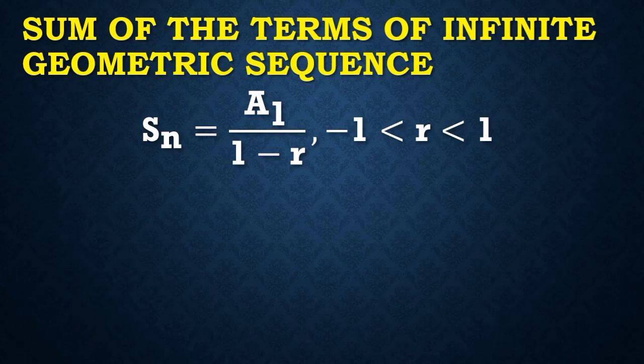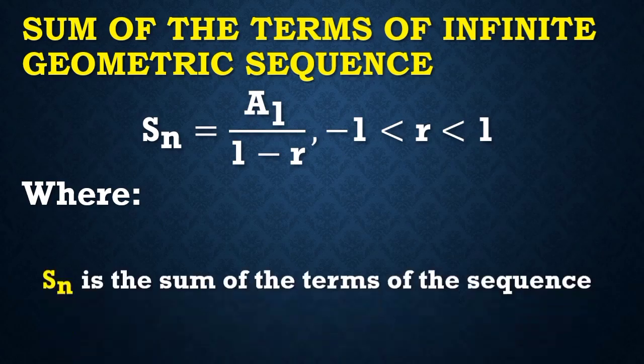So, 1 cannot be common ratio of the given sequence as well as negative 1. And then, yung mga numbers less than negative 1 tsaka greater than 1, hindi rin po pwedeng maging common ratio. In short, ang mga possible common ratio lang po dito ay yung mga fractions. So, negative fractions and positive fractions.